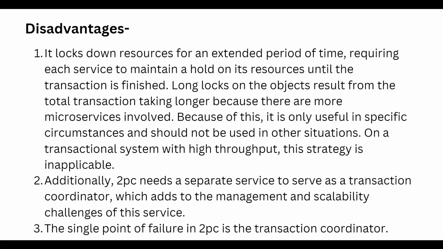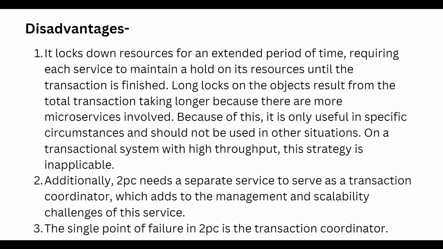Now, what are the disadvantages? Two-phase commit locks down resources for an extended period of time, requiring each service to maintain a hold on its resources until the transaction is finished. Long locks on the objects result from the total transaction taking longer, because there are more microservices involved. Because of this, it is only useful in a specific circumstance and should not be used in other situations.